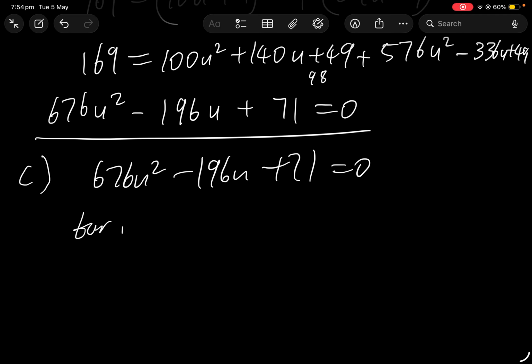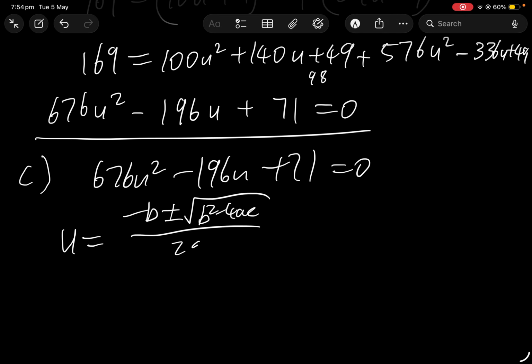We're finding the actual result. So we want to find what u is. So u equals, using negative b plus or minus the square root of b squared take 4ac, over 2a.